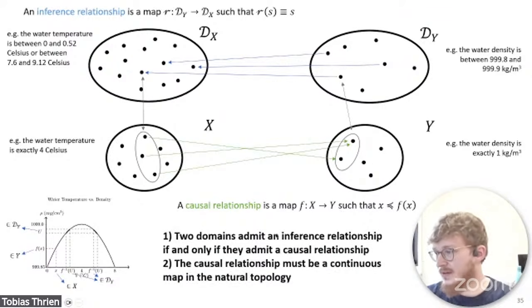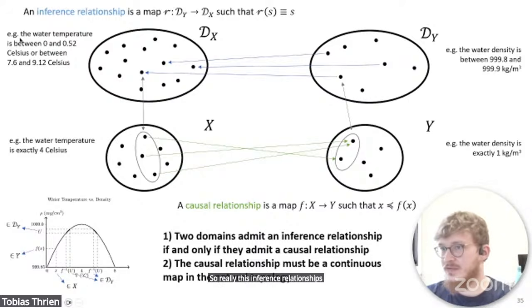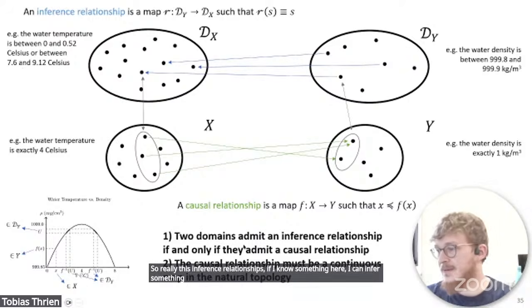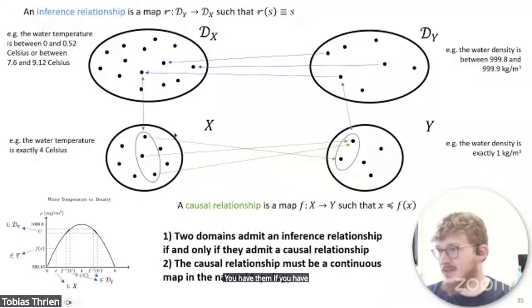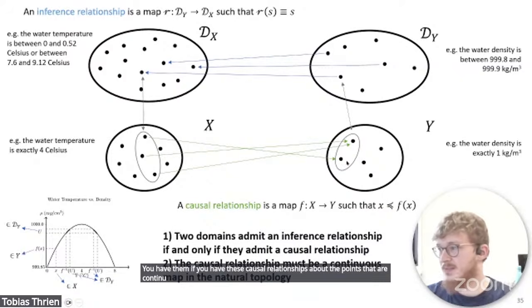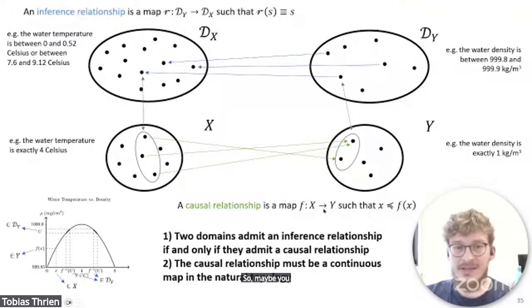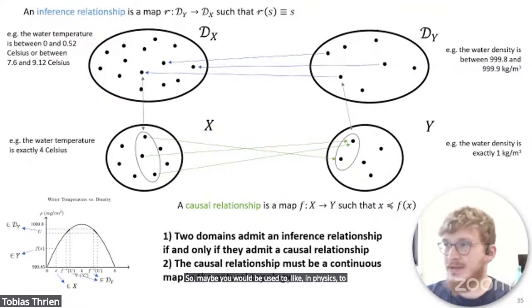So really these inference relationships: if I know something here, I can infer something here. You have them if you have these causal relationships about the points that are continuous in this topology that we defined. Maybe you would be used to, like in physics, just assuming continuity because it's nice.